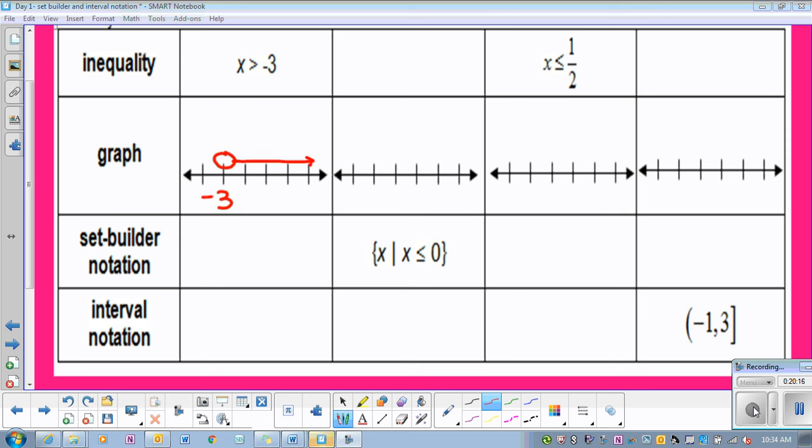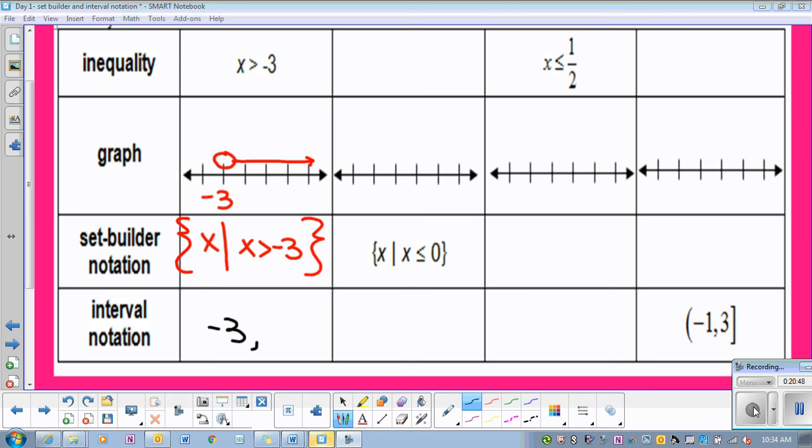Now the set builder notation, curly braces, x bar, and then my inequality, which is x is greater than -3. Okay, so now for my interval notation. Starting from the left, -3.